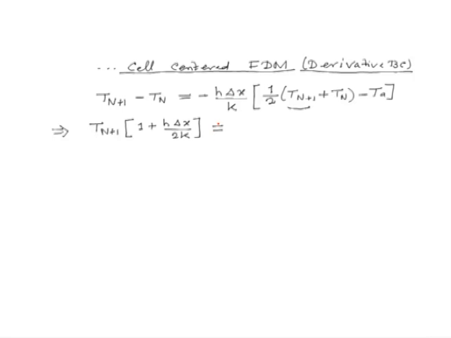So that is equal to Tn times within brackets 1 minus h delta x divided by 2k, plus h delta x divided by k times Ta.